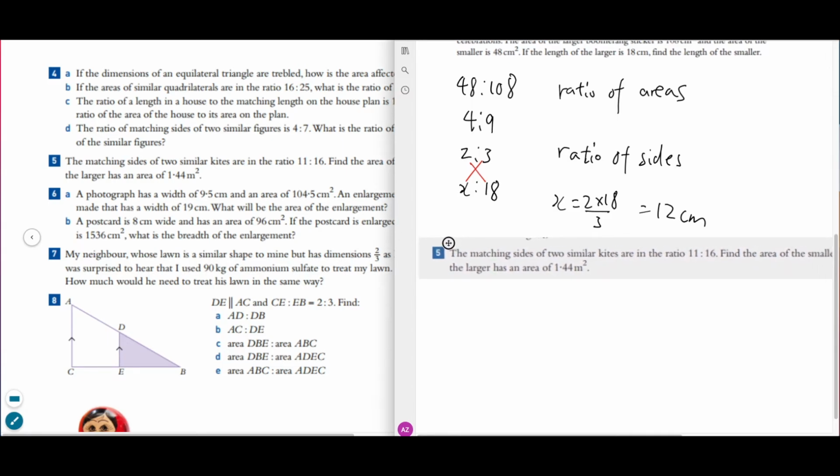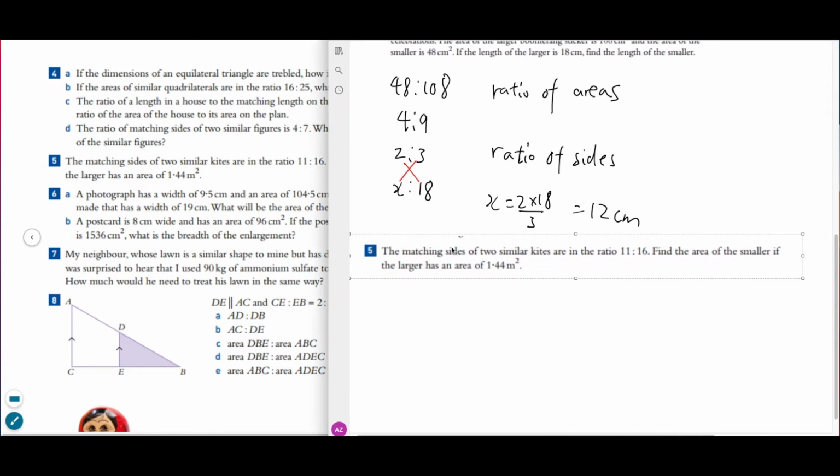The matching sides of two similar kites are in the ratio of this. Find the area of the smaller, if the larger area is this. Okay, so that's pretty standard. So the ratio of sides is what, 11 to 16? Yep. So the ratio of sides. You can just say R sides.